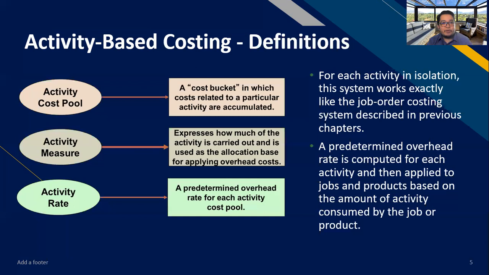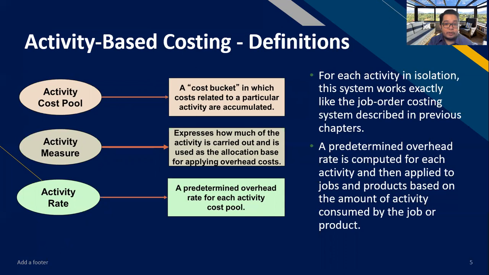Once a cost is incurred, it goes into the cost pools. Activity measure, on the other hand, is the driver of the activity. It expresses how much of the activity is carried out. And the activity rate is, of course, the activity cost pool divided by the activity measure, which is the predetermined overhead rate for each activity in the cost pool.